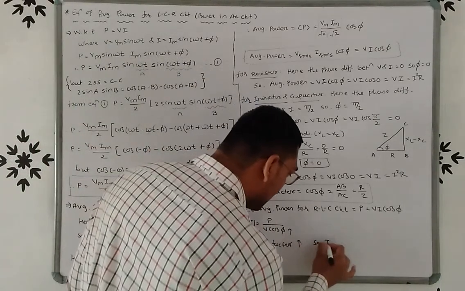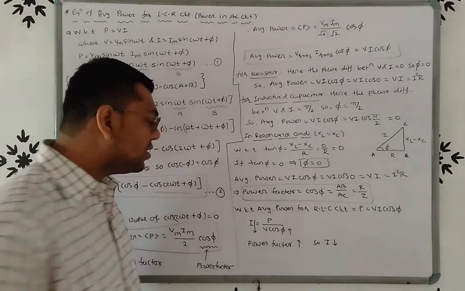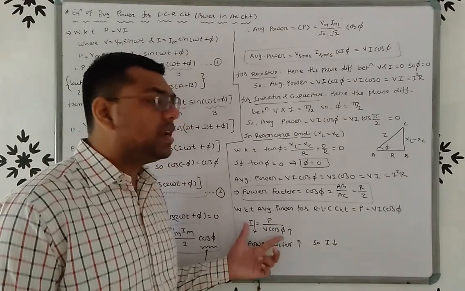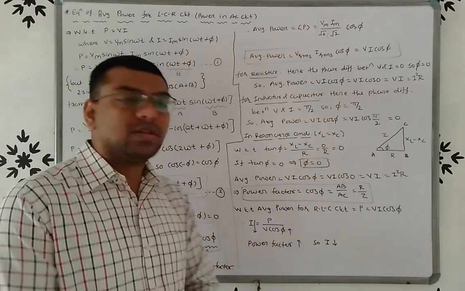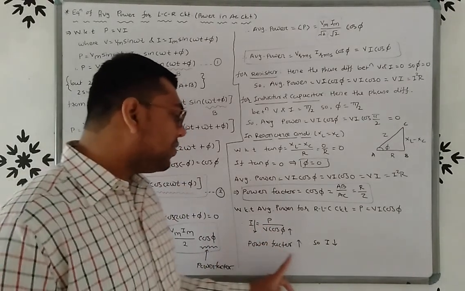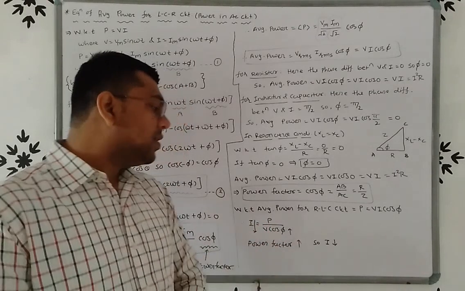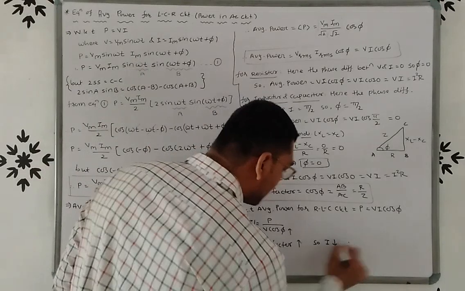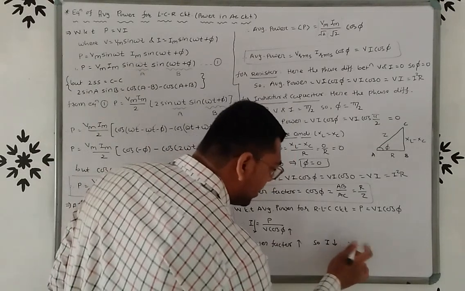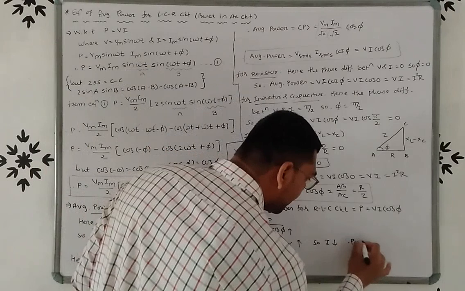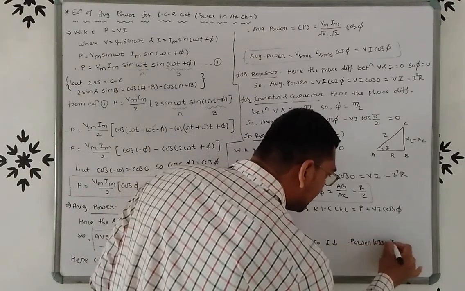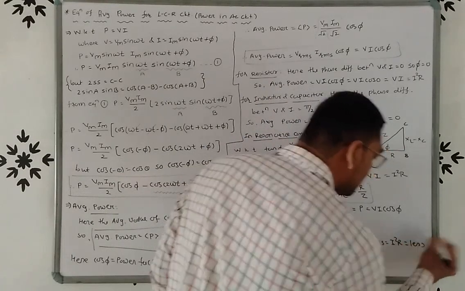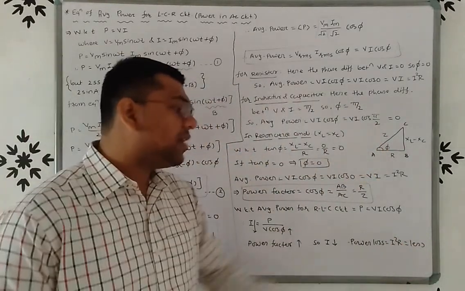Because there is an inverse relationship between I and cos phi. So if power factor is maximum, then current is minimum. And power loss is equal to I square R. If I is less, then power loss is also less.